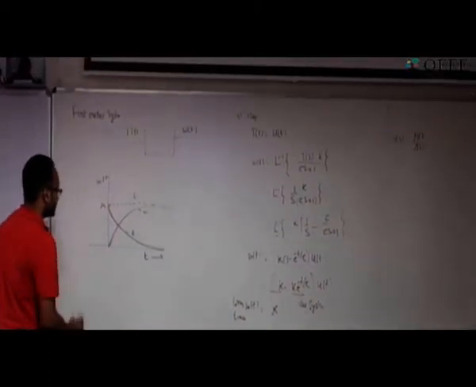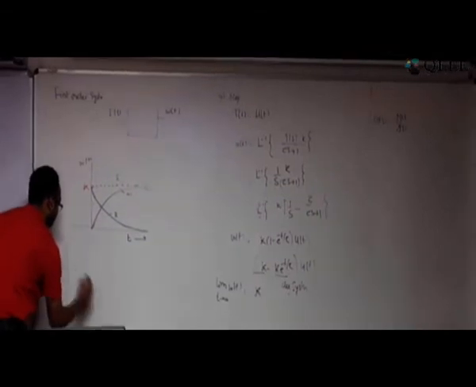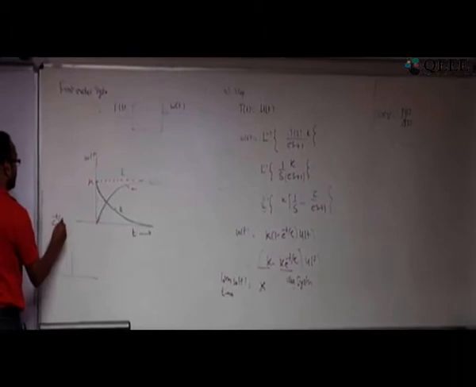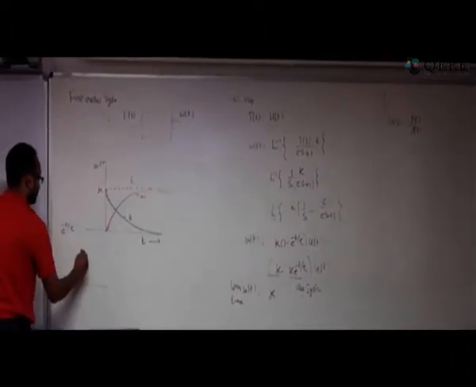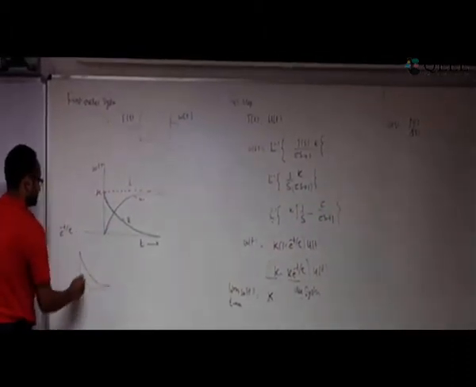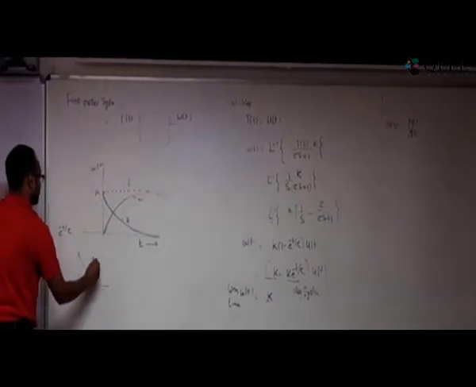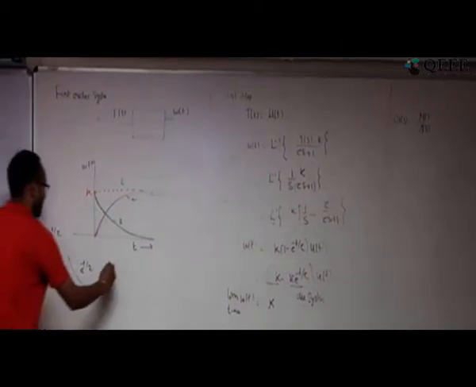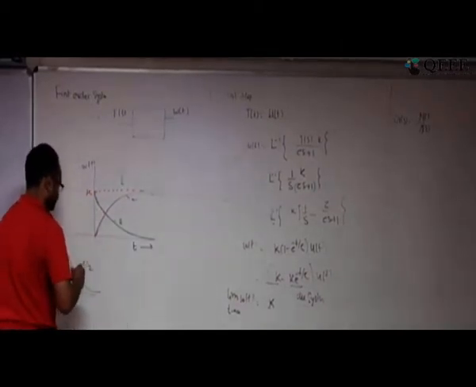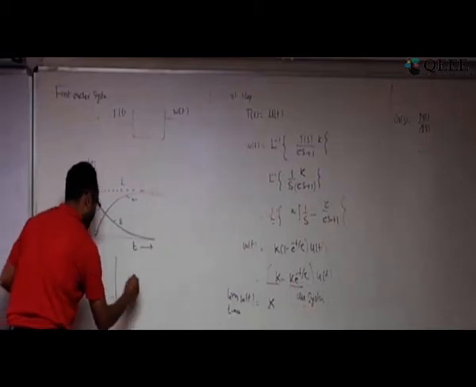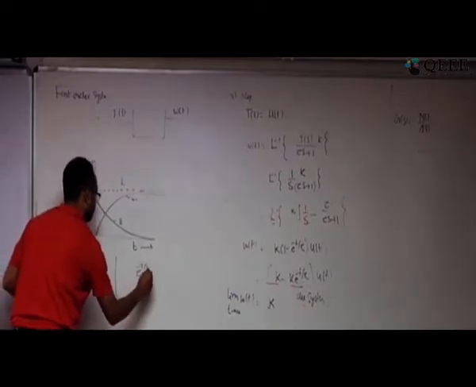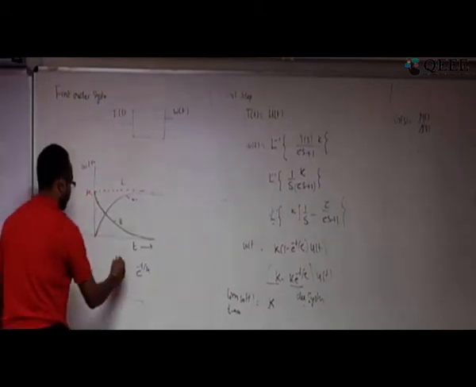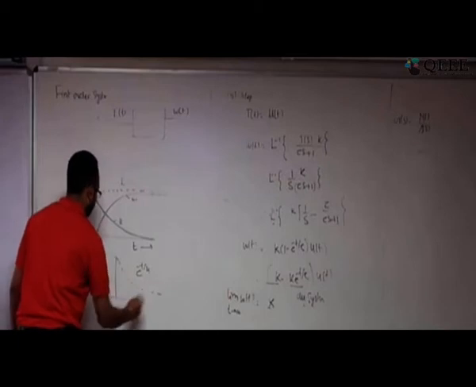Now here is one more aspect I want to highlight. All of you might have plotted e^(-t/tau). The response comes like this for e^(-t/2), and if I plot e^(-t/4), it will be something like this.